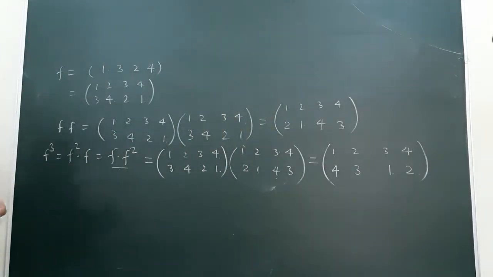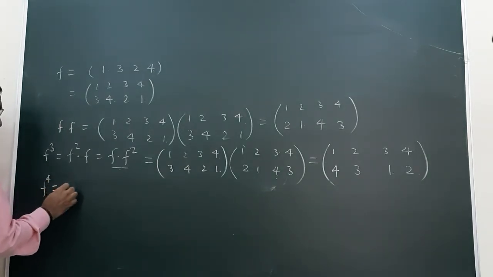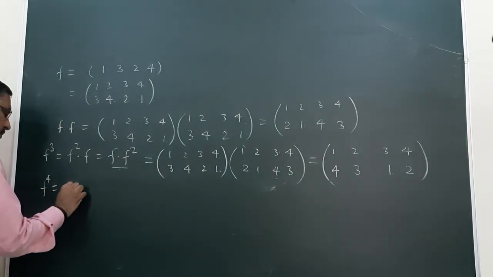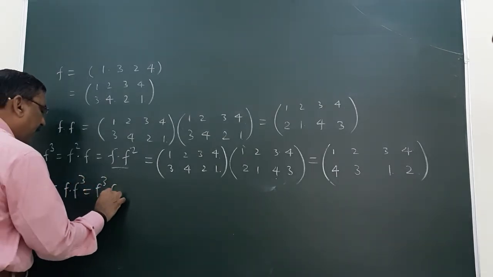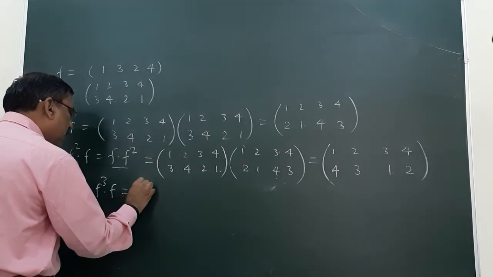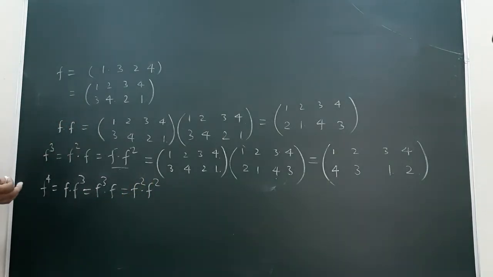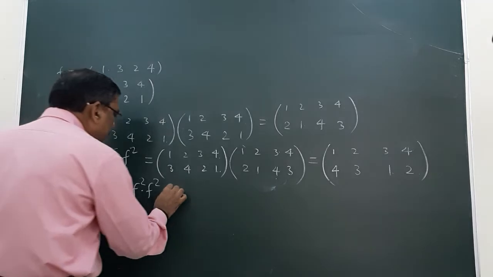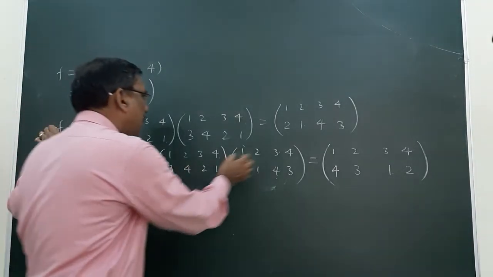So again we try to find f^4. f^4 can be found this way: f into f cube, or f cube into f, or f square into f square. In any of these ways we can find f^4. So let me try f^4 straightforwardly with the help of f square.